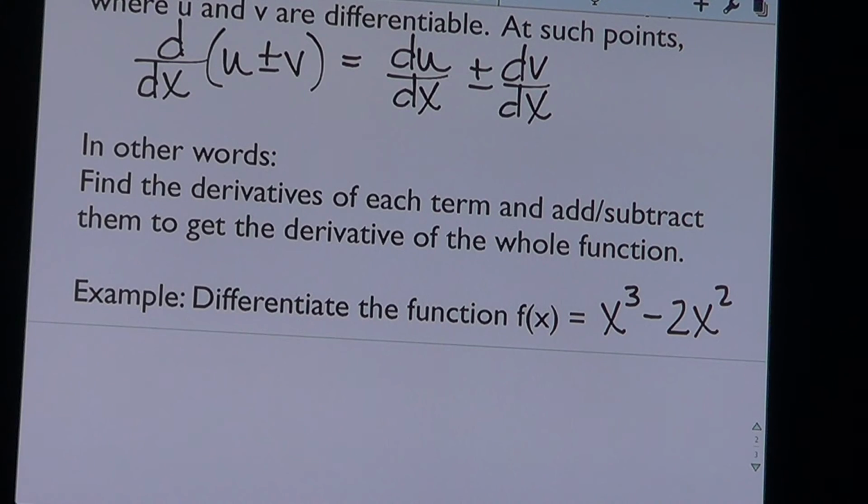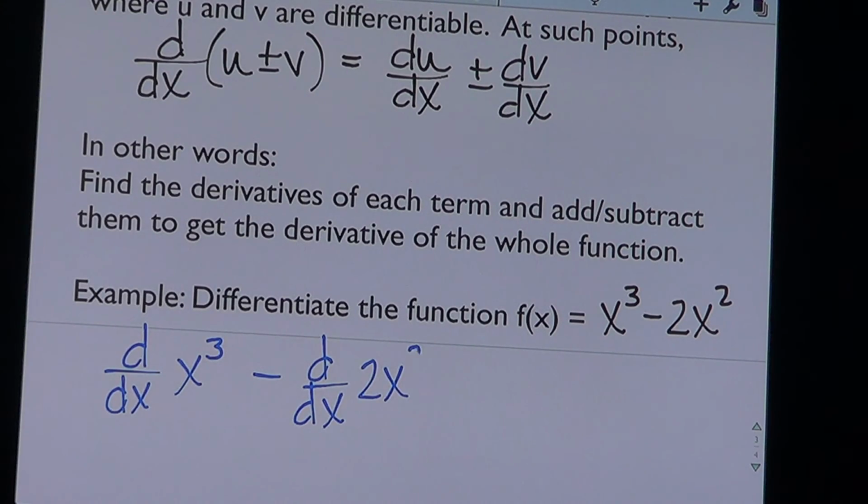So for example, differentiate the function f of x equals x cubed minus 2x squared. That means that we can find the derivative of x cubed and then subtract the derivative of 2x squared.